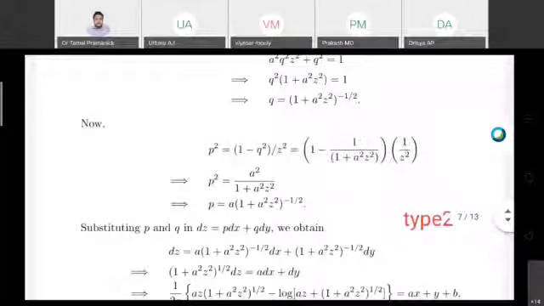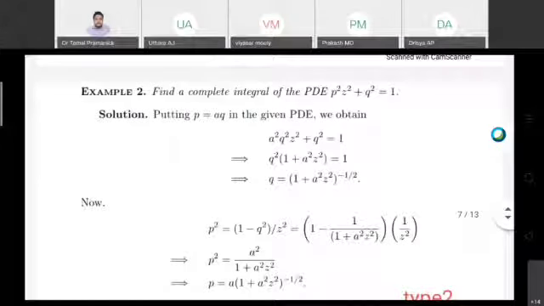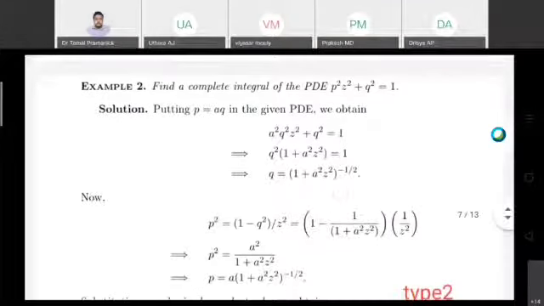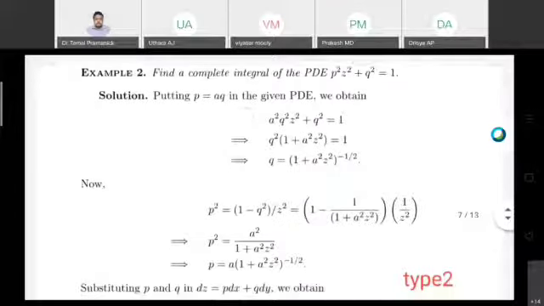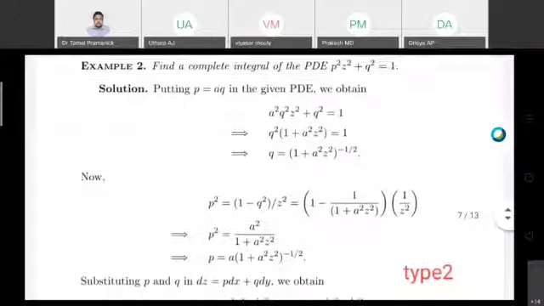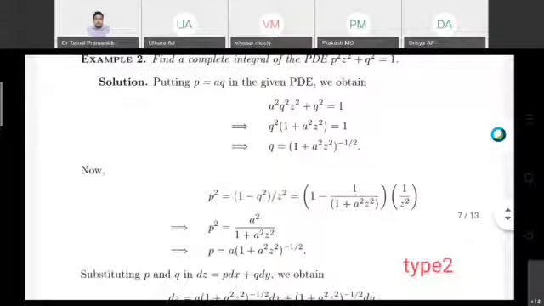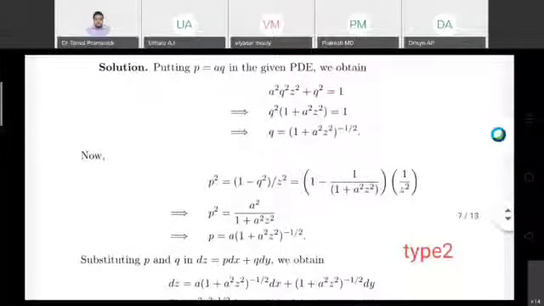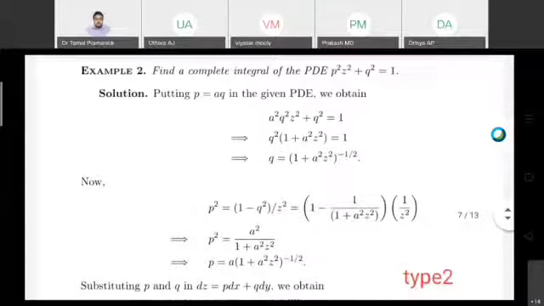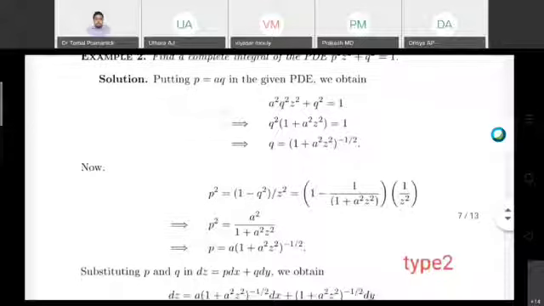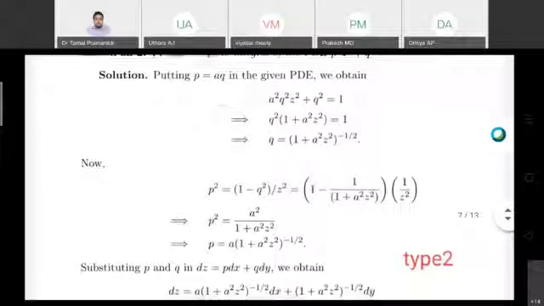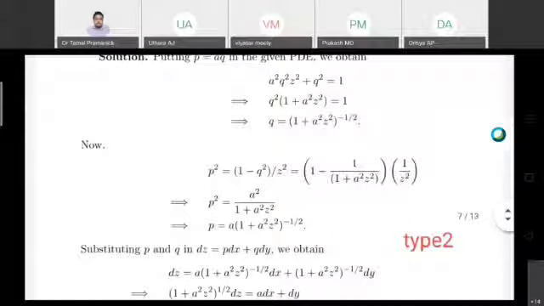So p equal to aq, and the q value you could directly put here actually. After getting the q value you put it here, so you will directly get this value.